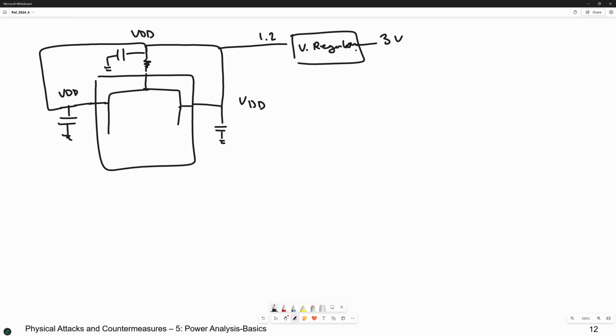Because VDD is also connected through other lines, through here, and then the current that you want to look at is actually not passing through that resistor. Then what you have to do is put the resistor here.